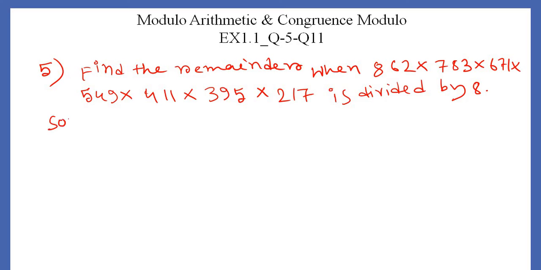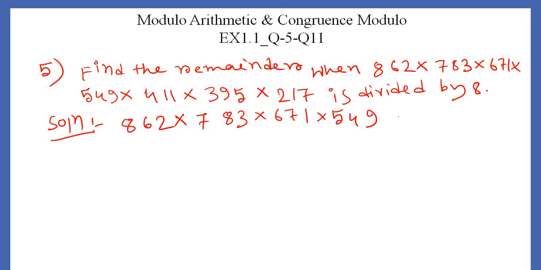That means you have to find the value of 862 into 783 into 671 into 549 into 411 into 395 into 217 mod 8.